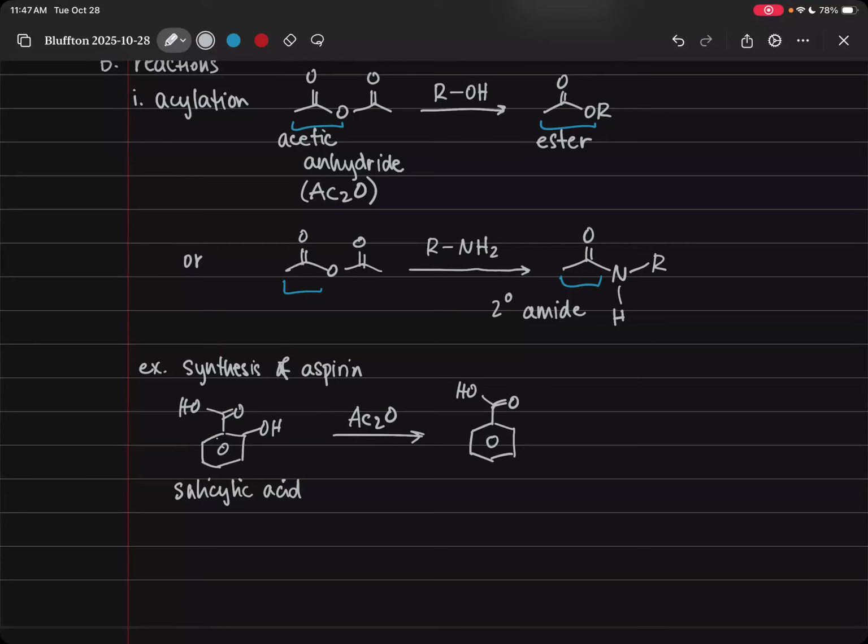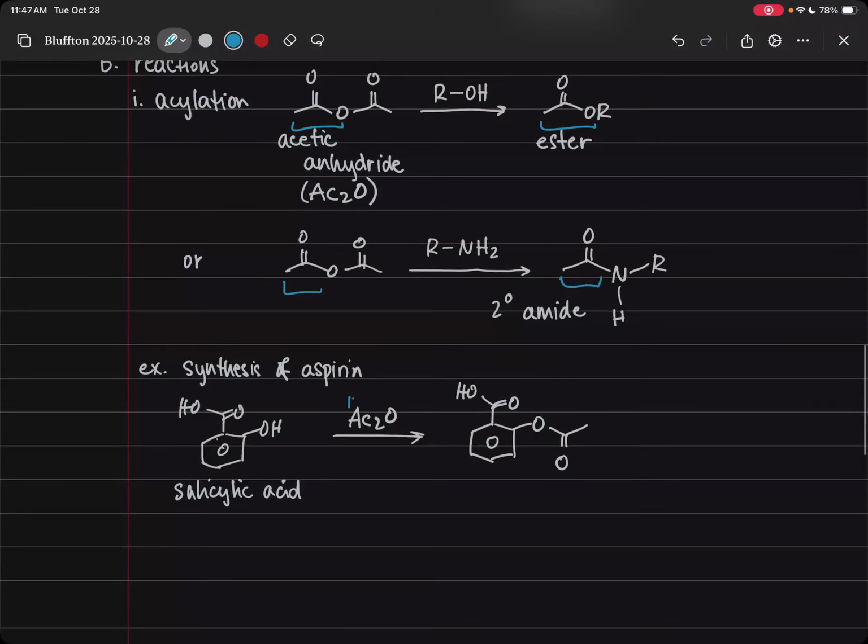Okay, so we have our anhydride here, and we have an alcohol. So we're going to still have our oxygen atom right there. But on the other side, we're going to have the acetyl group.